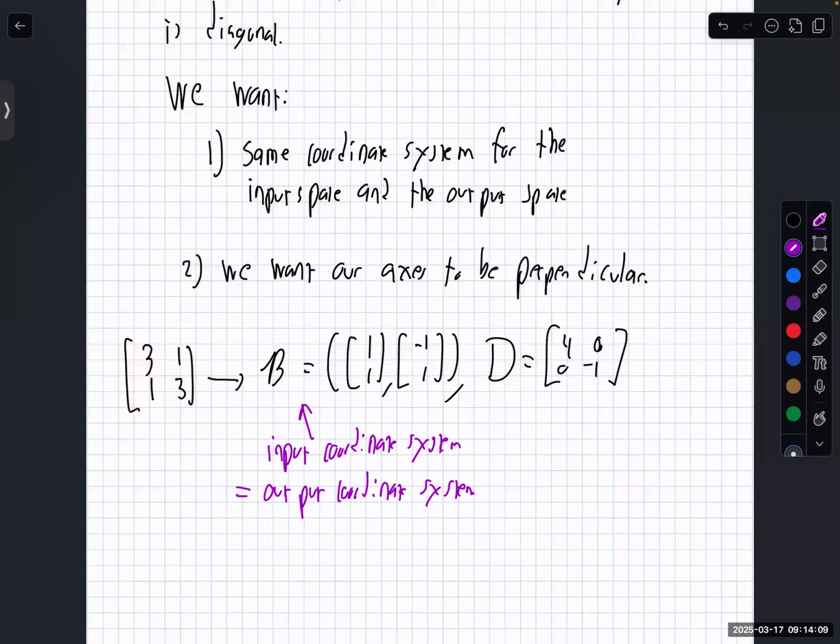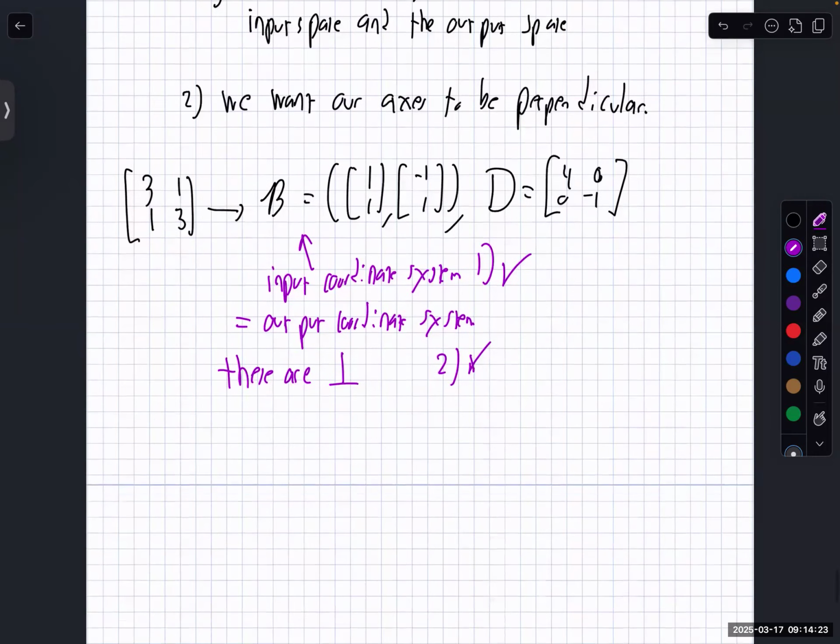Notice we use the same coordinate system for the input space and the output space, and these are perpendicular. So for this one, both of our wishes came true.